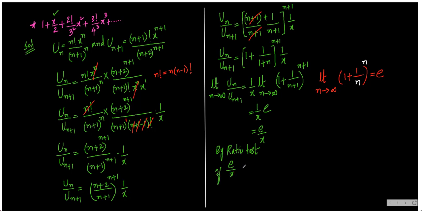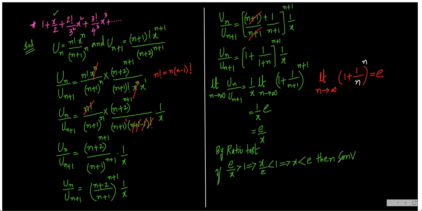If e by x is greater than 1, let me simplify this: x by e should be less than 1, which implies that if you cross multiply, x is less than e. Then it is convergent.